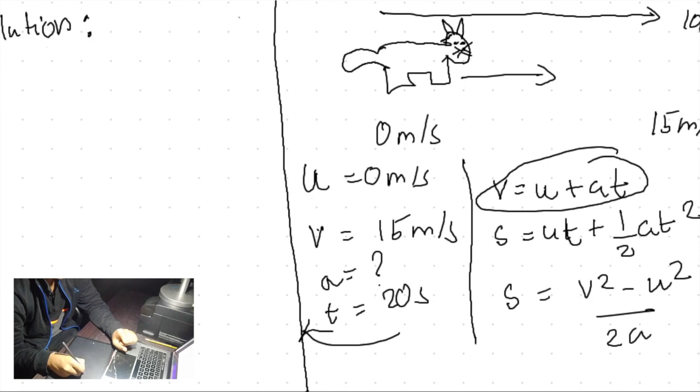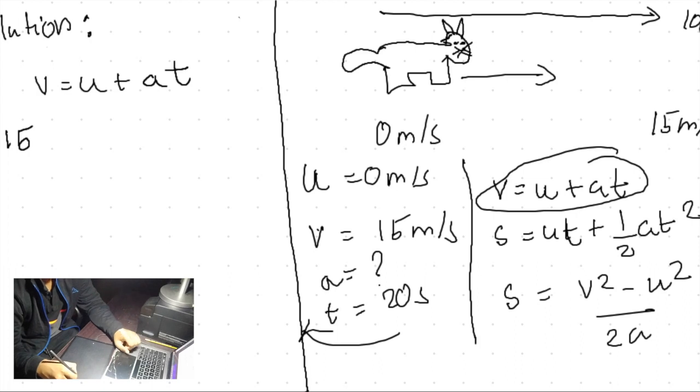So we know, let's do it again. So we know v is equal to u plus at. So we know v as 15 meters per second.